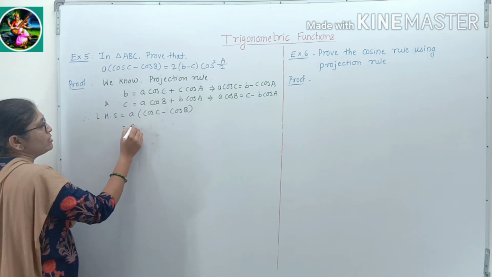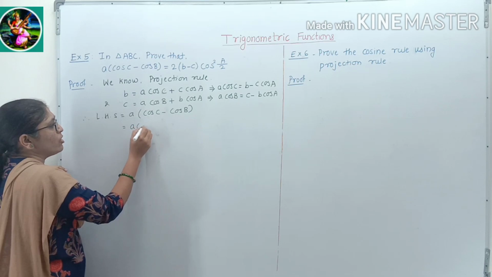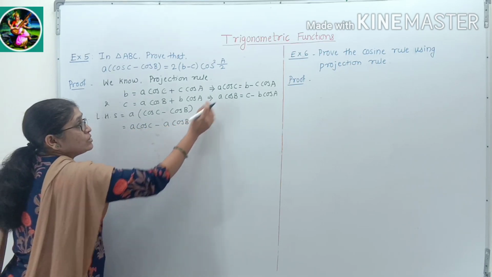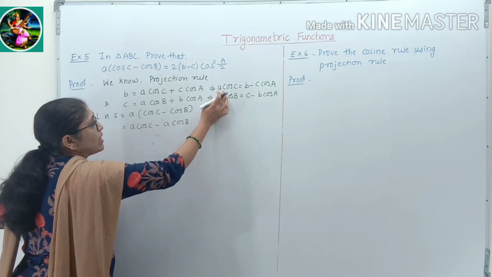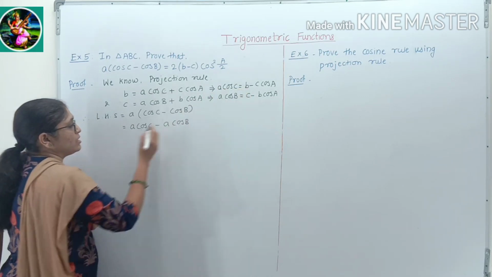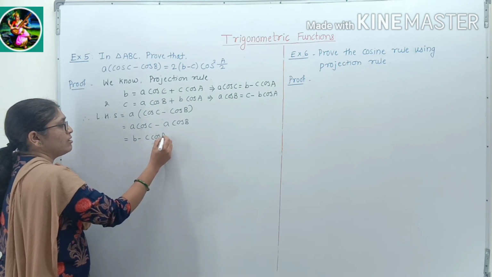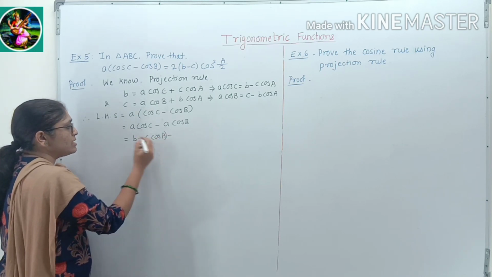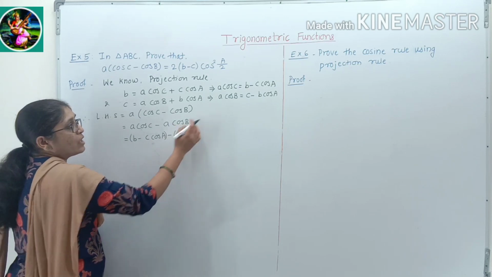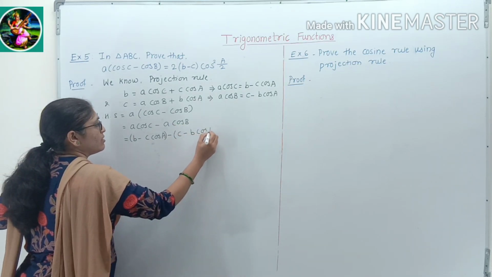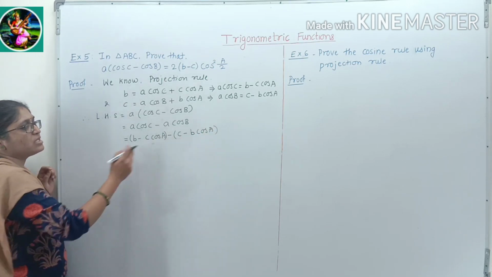that LHS is equal to a (cos C − cos B), that is a cos C minus a cos B. Using this, we substitute the values: a cos C is equal to (b − c cos A), minus, we take this in the bracket, a cos B is equal to (c − b cos A). Now we solve these brackets.